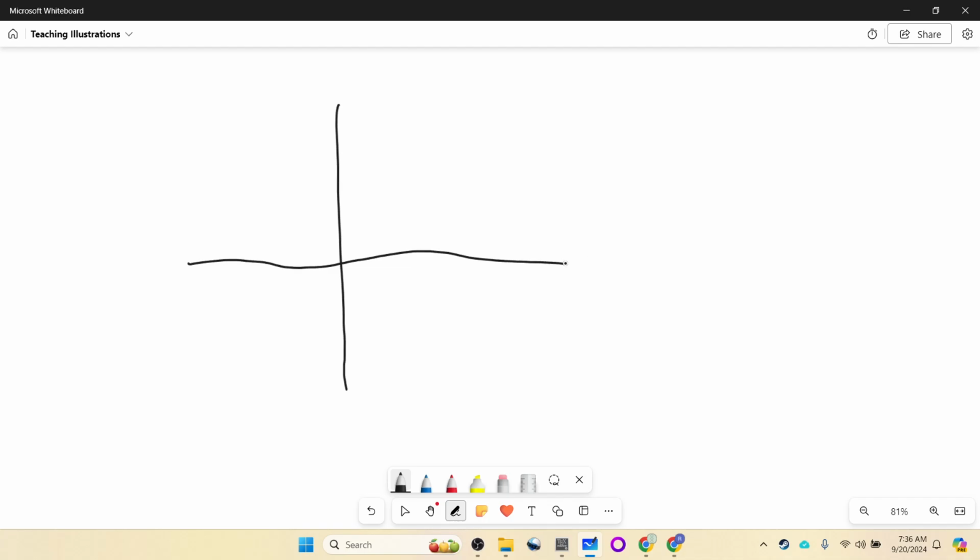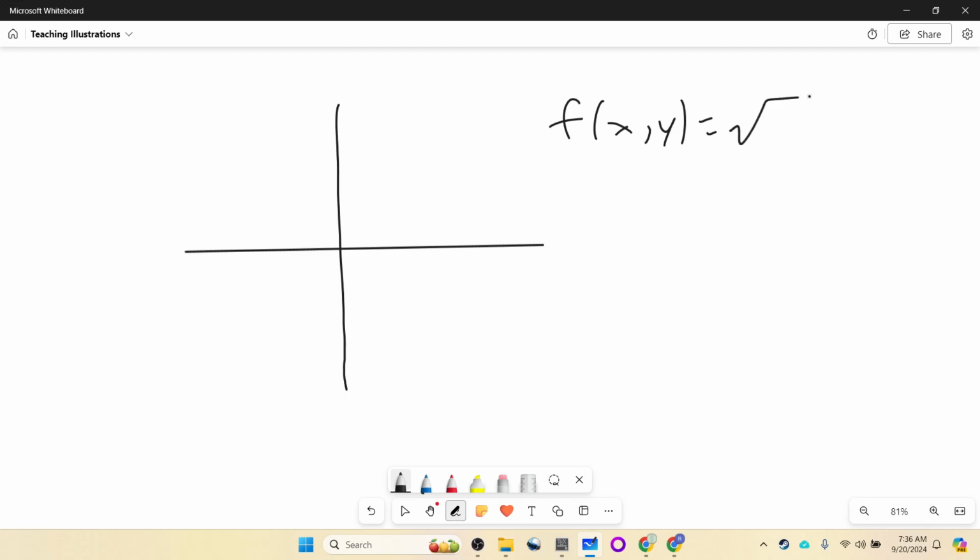So if f of x, y is the square root of 16 minus 4x squared minus y squared, we saw the level curve at 0 here.